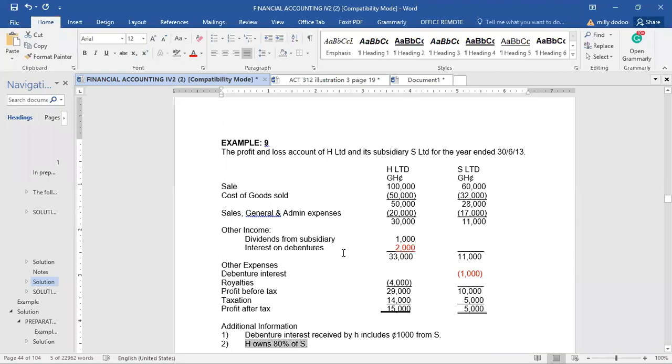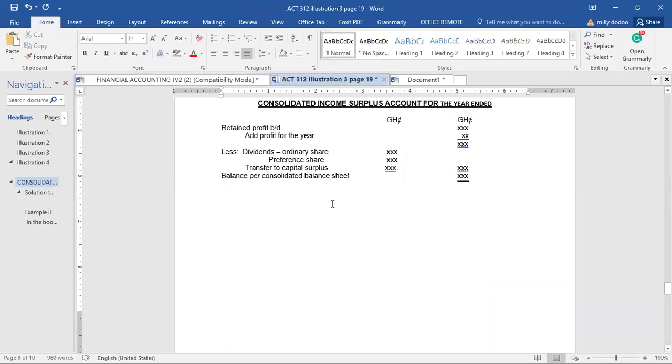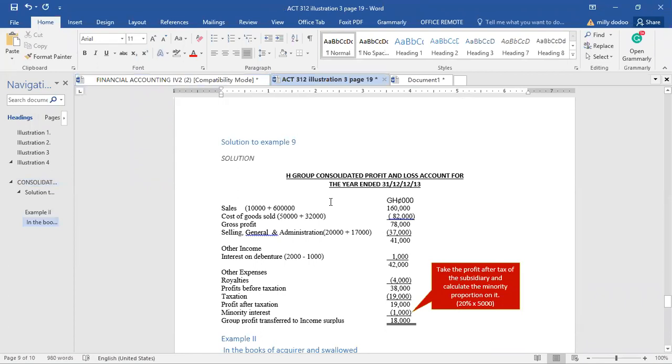And once they told us that H is owning 80% of S, it is a clear indication that S is a subsidiary of H. So we can go ahead and do our consolidation. Let's go ahead and do the consolidation the way we ought to do it. So let's look at our solution for this particular illustration.